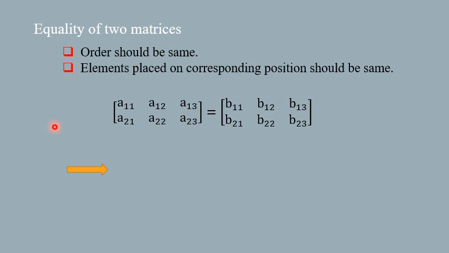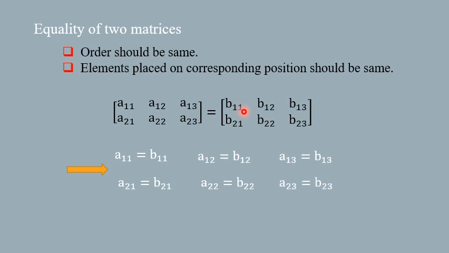So A11 is equal to B11, A21 is equal to B21, A12, the element placed on first row second column, is equal to B12, the element placed on first row second column, A22 is equal to B22, A13 is equal to B13, and A23 is equal to B23. This A23 is placed on second row third column, and B23 is also placed on second row third column.